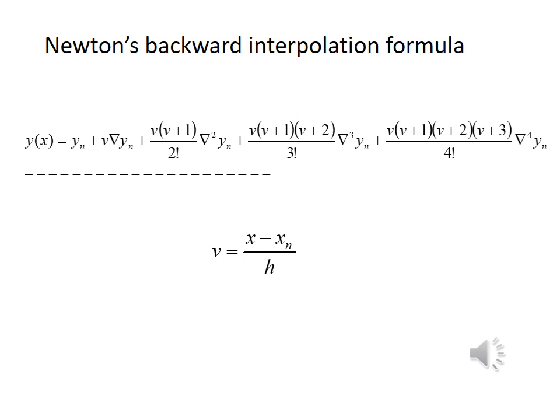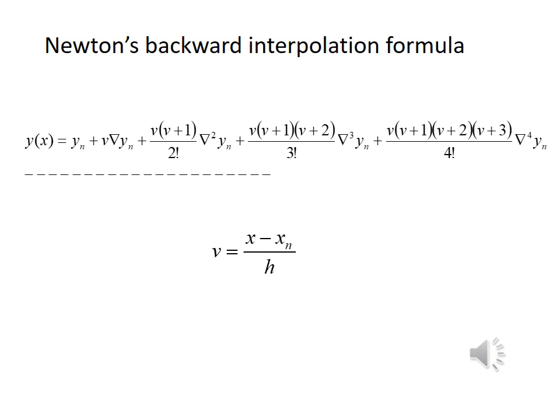It is given this way. Also take care that instead of u, we are using v here. v is equal to x minus xn divided by h, the difference. And here also a small difference is there. In the previous case we used u into u minus 1, but here v into v plus 1 is used for the coefficients.